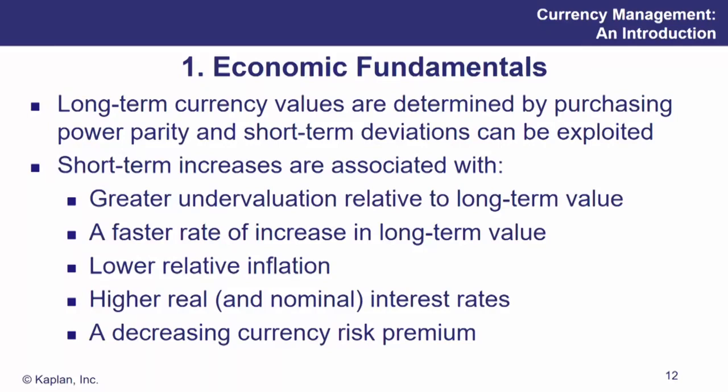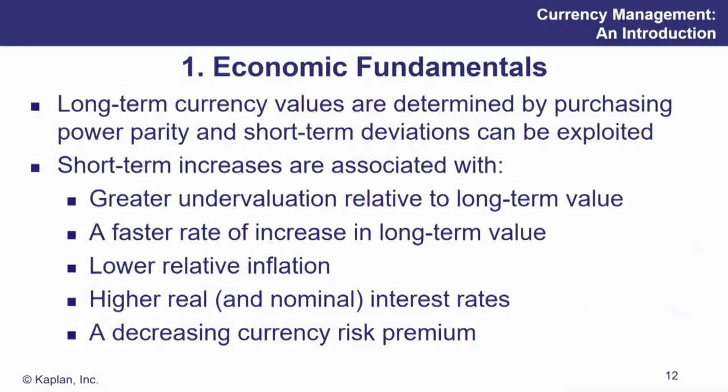So these short-term increases are associated with a wide variety of things. So, for example, greater undervaluation relative to long-term value. So maybe it is reverting to the mean, reverting back to purchasing power parity. It's just taking its own sweet time in doing it. A faster rate of increase in long-term value. So maybe in that economy, estimates of g, the growth rate in that economy and that market, have changed, and so that's affected the exchange rate. Maybe lower relative inflation than was originally expected.